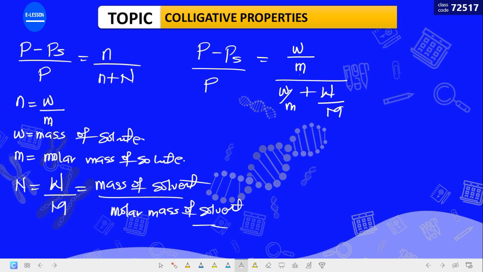If it is so small, it means that it contributes a negligible amount to the number of moles of the solution. Are you getting it now? So in most cases, when they say the concentration of the solute is very small, for very dilute solutions, what you are going to do is remove the number of moles of the solute from the denominator. So here it becomes 0 for a very dilute solution.